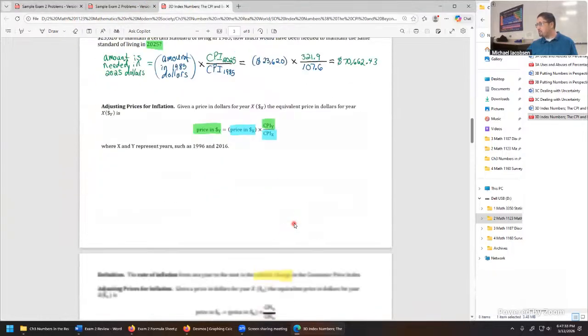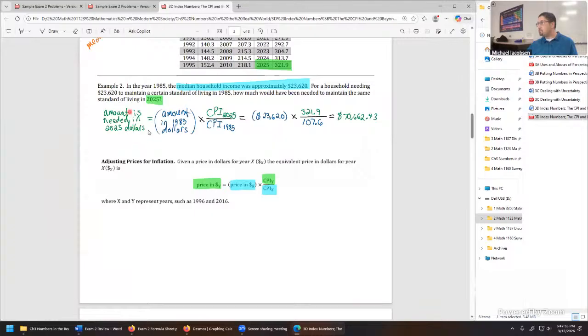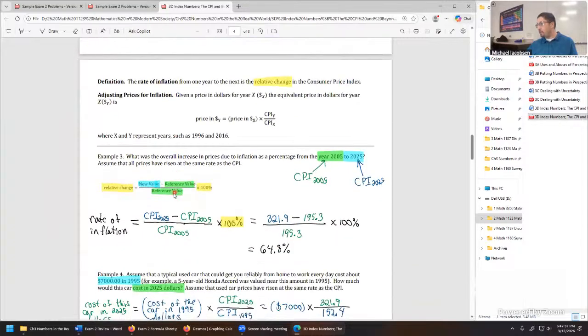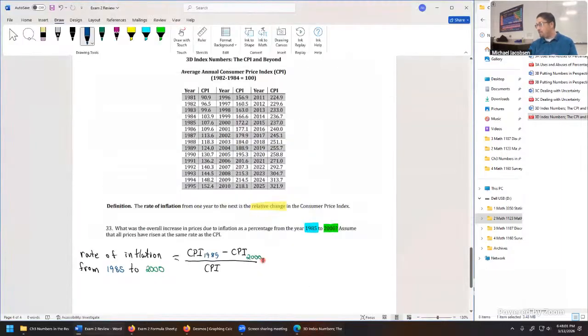Doing this in the notes, we're looking for, here we are. Yeah, I think I got my years backwards. The reason I stopped is I'm going to get a negative value. And that wouldn't be necessarily incorrect, but the negative sign implies a direction of inflation going down, but it's in fact going up. So we should have the base year on the right, not on the left as I did there. So let's fix this around.